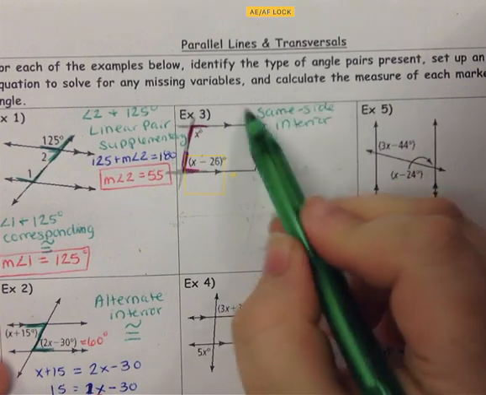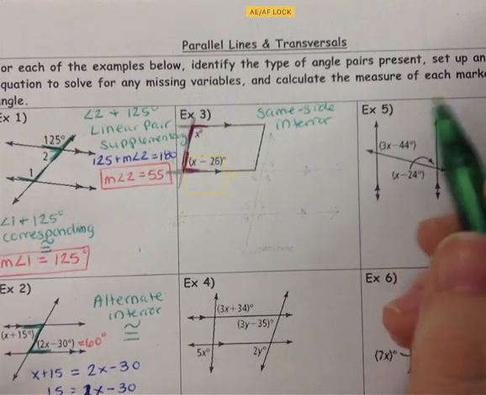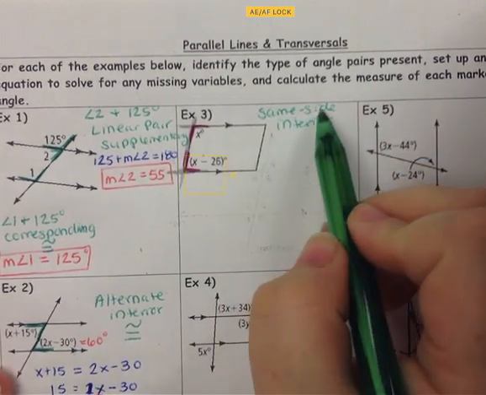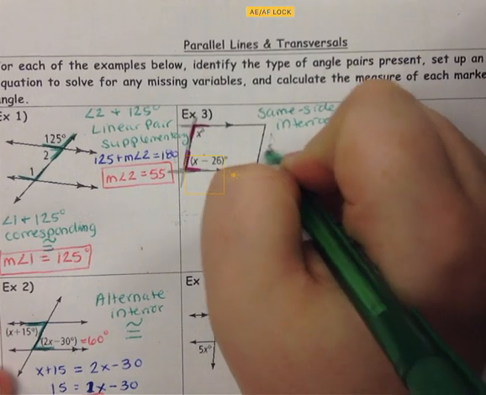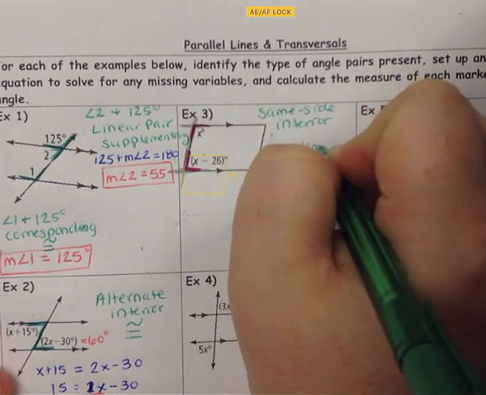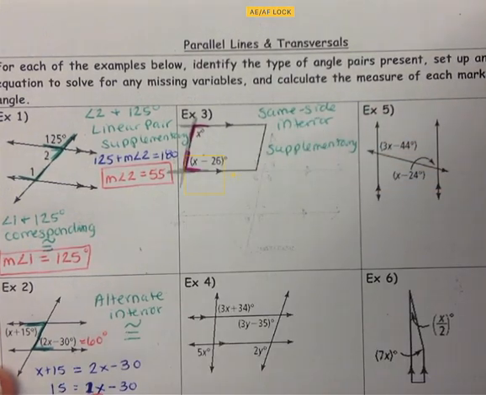I say same side so that it goes along with supplementary. I'm using alliteration. Same side supplementary, because these are going to have the numerical relationship of supplementary. But same side interior could also be considered consecutive interior.